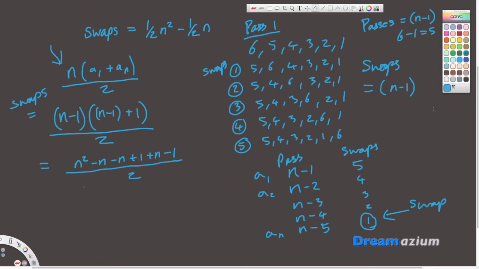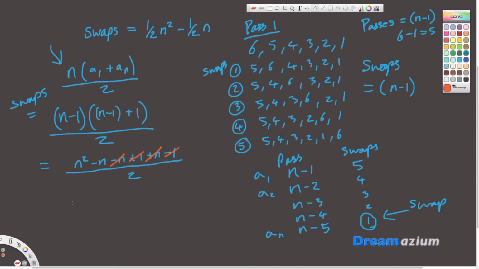Equals this. Now, if we look at this a little closer, we can see we've got three n's. This is a plus n, and one of these is a minus n. So we can swap one of these minus n's out because minus n plus n is going to be 0. And it's the same for these constants here. Plus 1 minus 1 is 0, so we can just cancel those out.